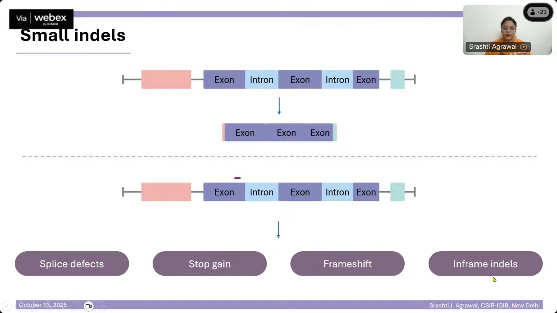Or if the insertion or deletion happens in multiples of 3, then it might lead to in-frame indels. Since a codon is made of 3 nucleotides, that is why the frame of 3 matters here. So if the insertions or deletions happen in the frames of 3, then in-frame indels occur.